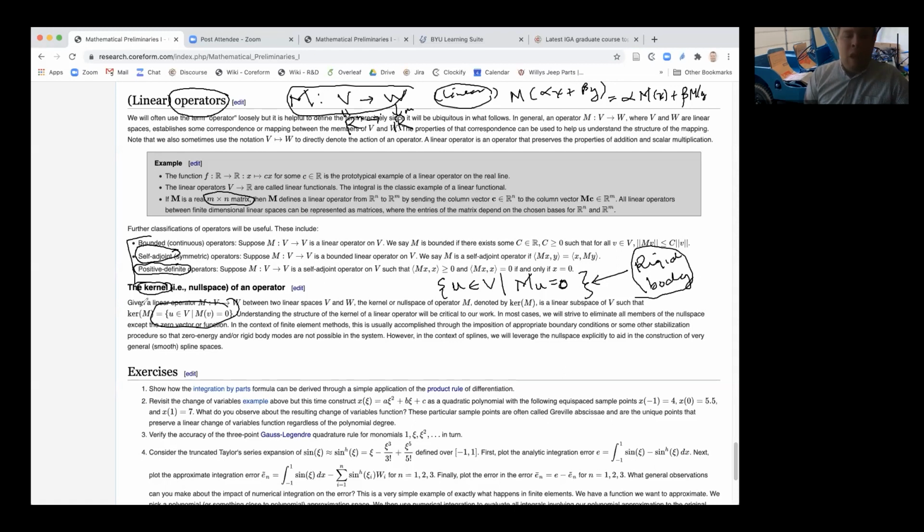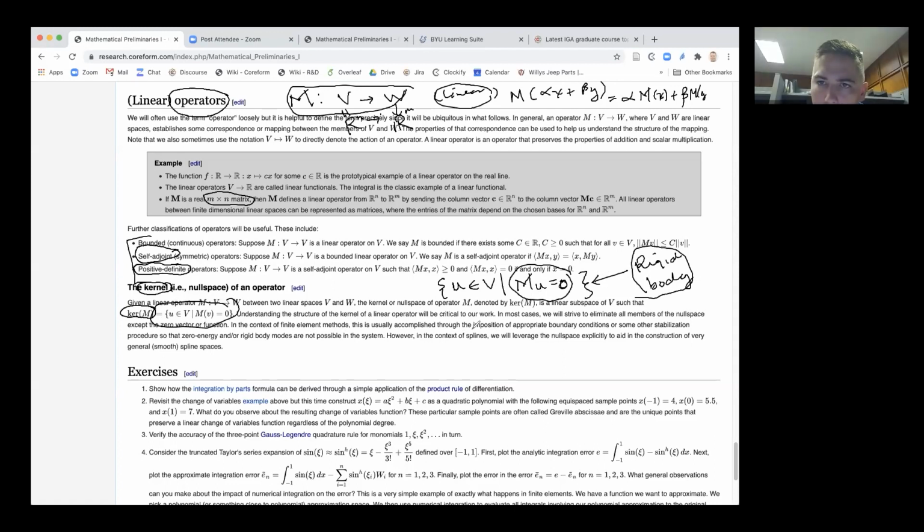And so we spend a lot of time understanding the kernel of operators, usually because we want to remove it so we can invert it. But sometimes in the context of splines, we'll actually leverage these to enforce smoothness conditions to build splines. So this is another picture for what a spline is too.